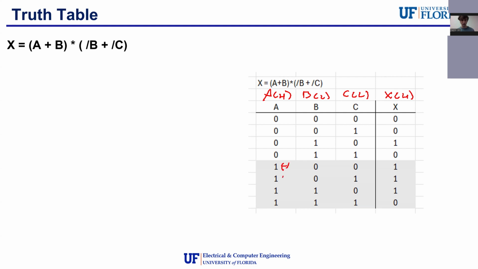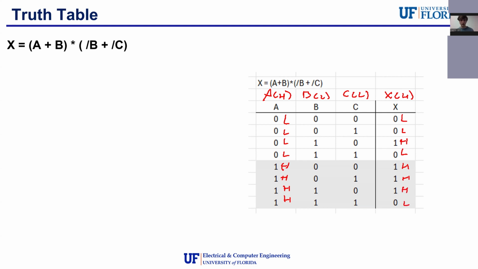So we can just write an H here, H here, H here, H here, and then all the zeros will be low, low, low, low, low. We can do the same thing for the X: low, low, high, low, high, high, high, low.